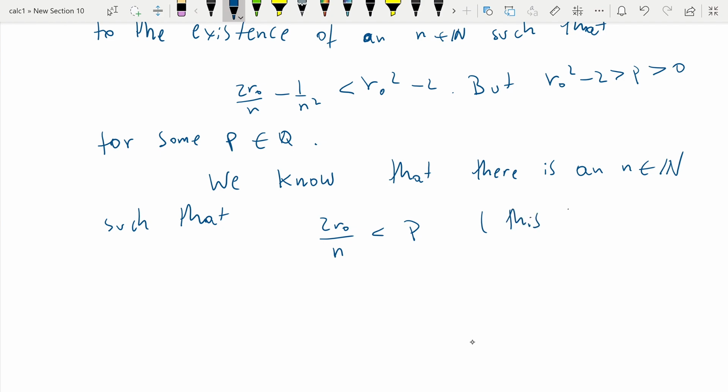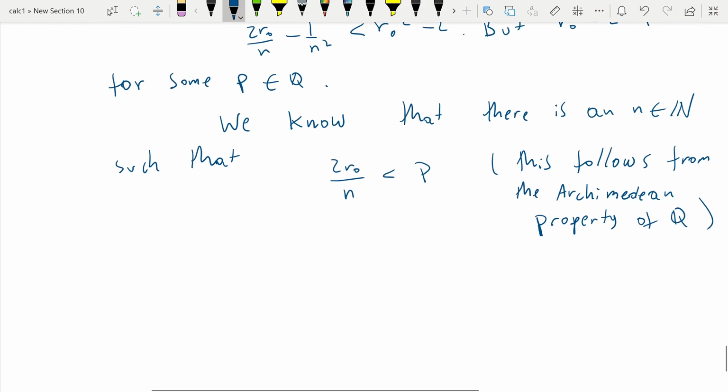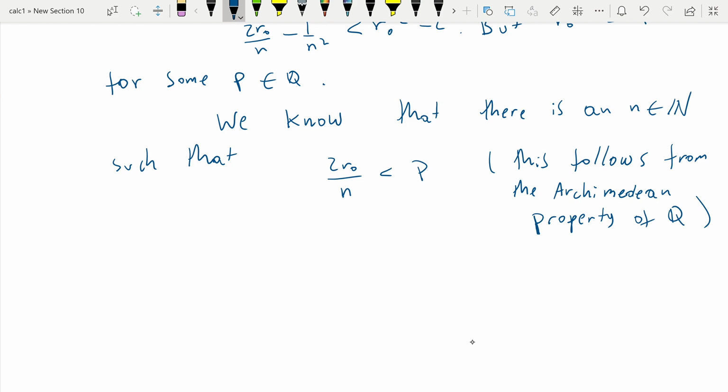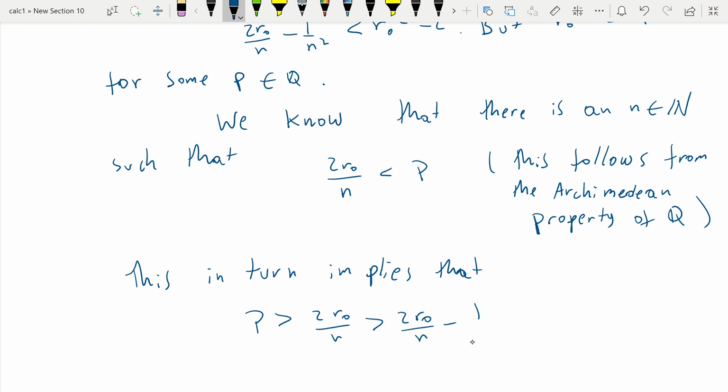Again, this follows from the Archimedean property for Q. And this in turn implies that p is greater than 2 R naught over n, which is greater than 2 R naught over n minus 1 over n squared.